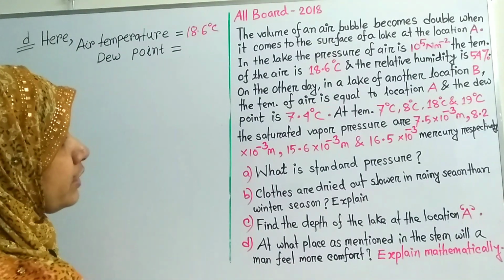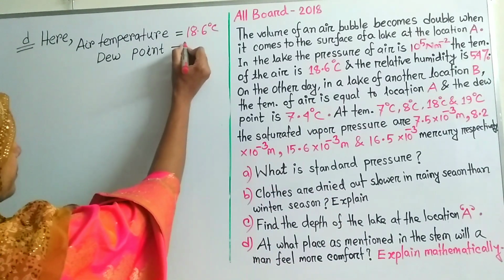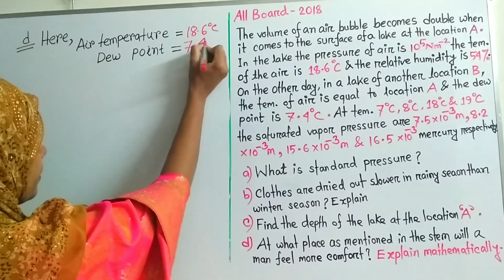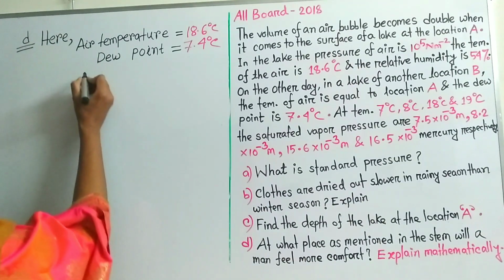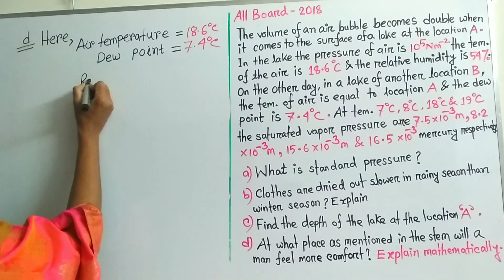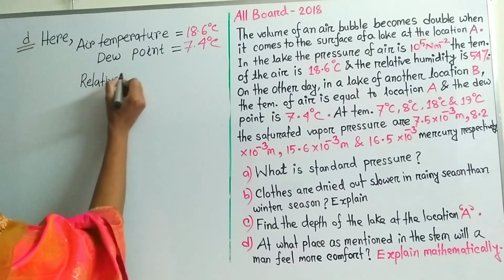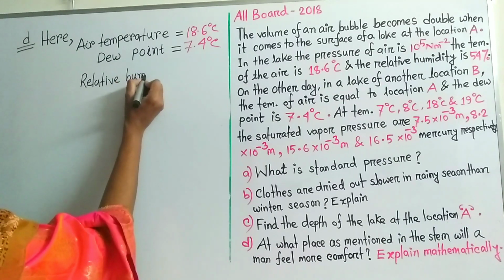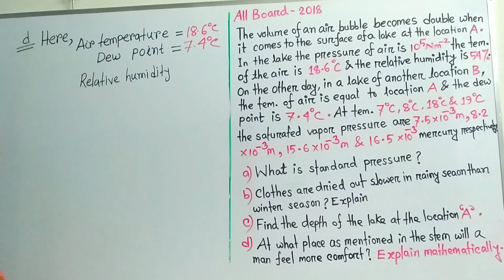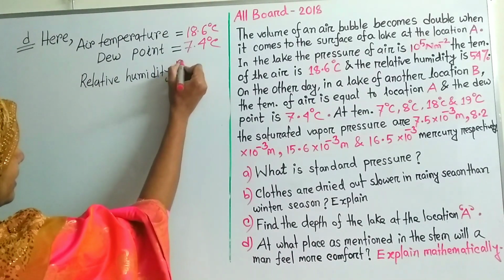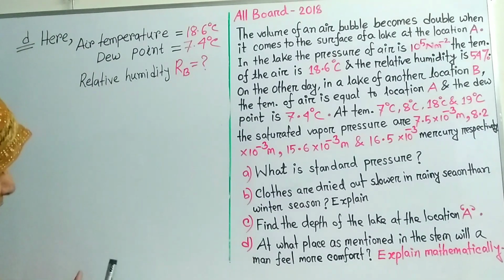Now the dew point is 7.4 degrees Celsius, and we have to calculate the relative humidity of location B. So we can write RB is equal to what?